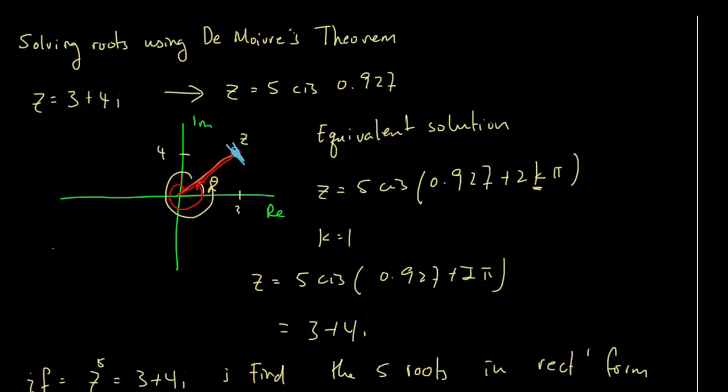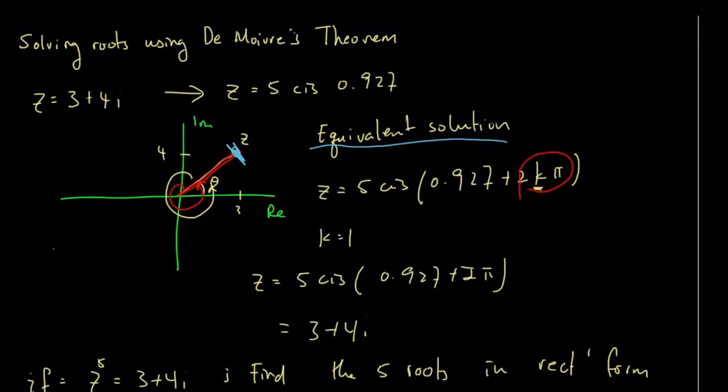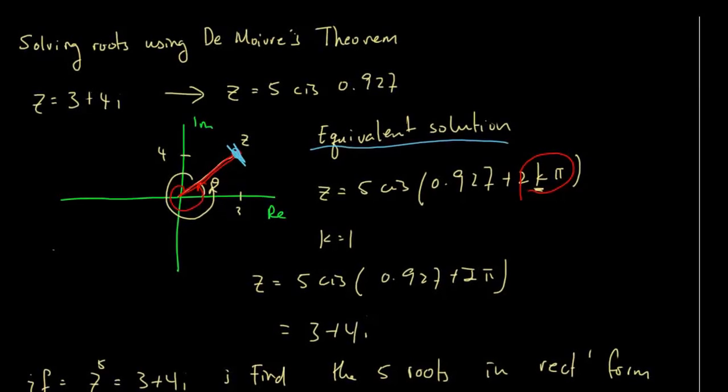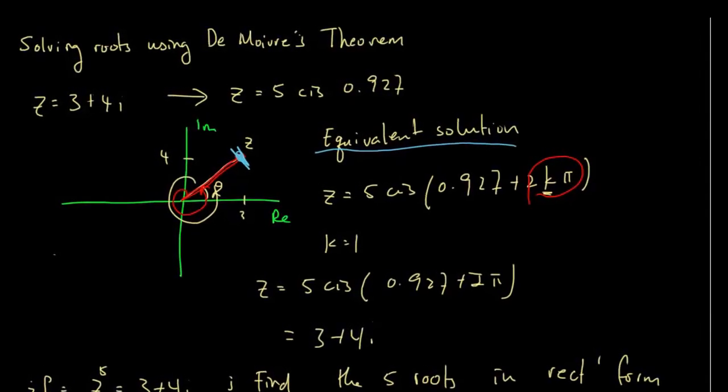So therefore we have to express our polar form in the equivalent solution, which means that we have to add 2k pi, where k is the number of rotations.